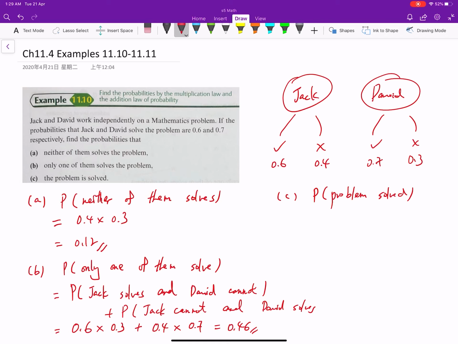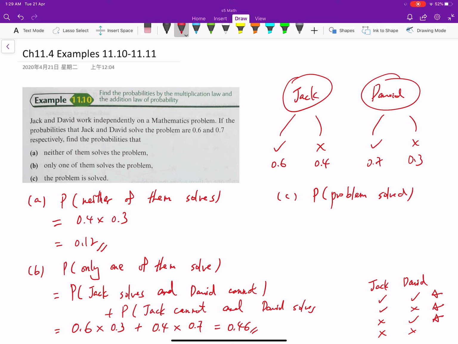You can look at Jack and David, and actually there are four situations. So if the problem is solved, you can pick these three situations, right?